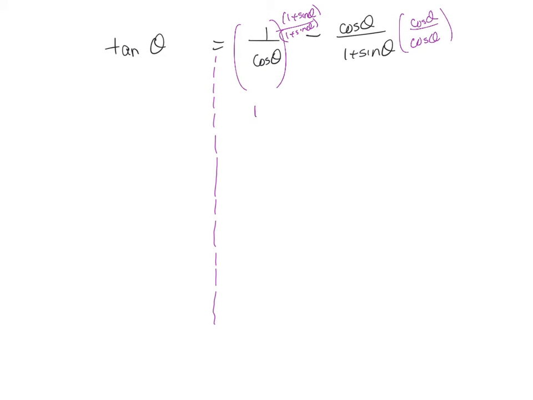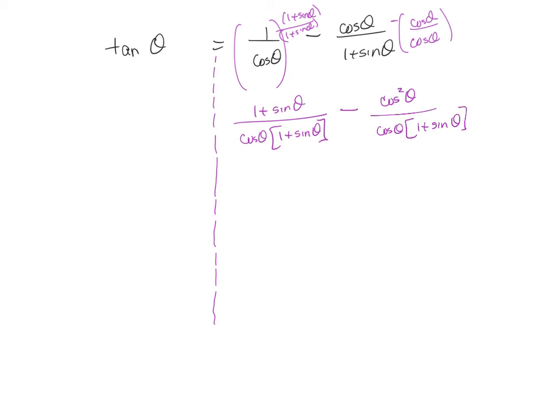So I'm going to get a 1 plus sine theta over cosine theta times 1 plus sine theta minus, and I'm going to have a cosine squared theta, because that's cosine times cosine there, over the same denominator. I am not going to multiply through that denominator. My hope is that something might cancel out, because we need to get a tangent theta on the left-hand side.